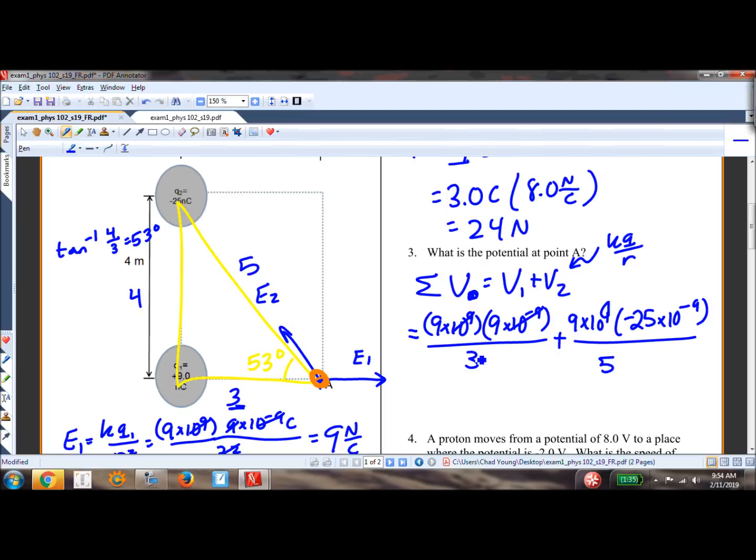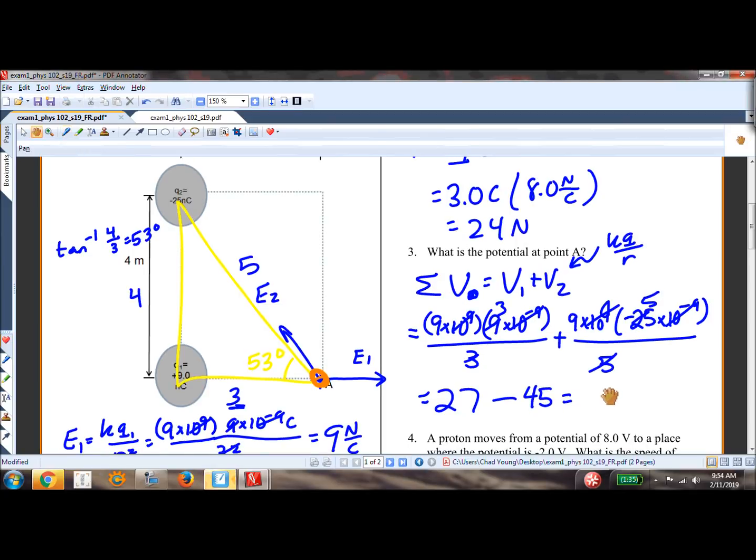That cancels there and leaves 3, so it's 27 minus 45, which is minus 18 volts.